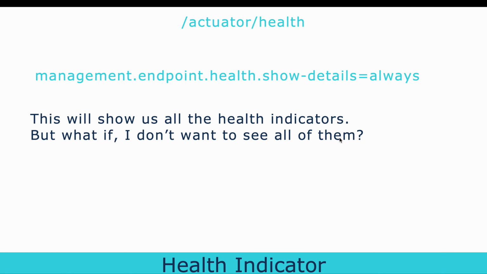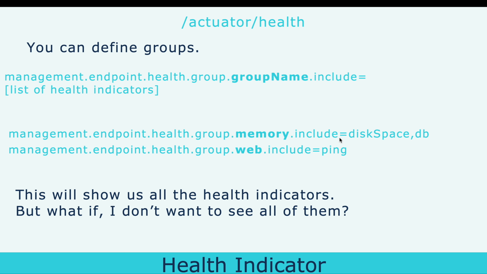I've already explained show details. But with this health indicator, if you select show details always, you'll see everything. But there are situations where you don't want to see everything, or you want to see them in parts, in which case you could group your health indicators.